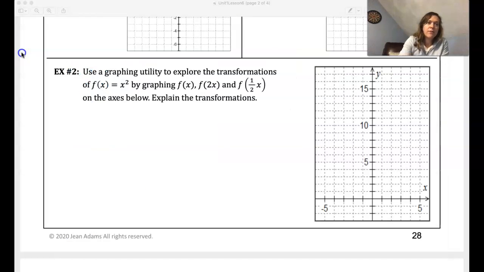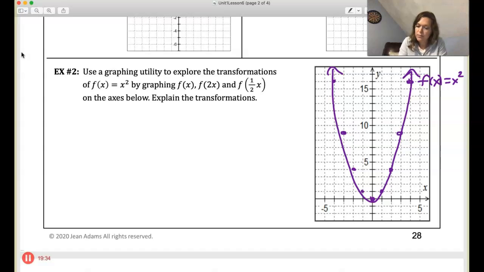So let's go ahead and recreate these graphs back onto this graph. I had my original in purple. I'm going to make my 2x red because I can. Whenever we're doing the f of 2x, we're dividing, so that's directly happening to the x.